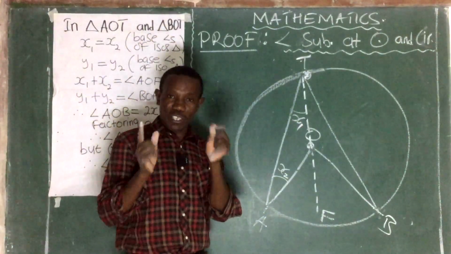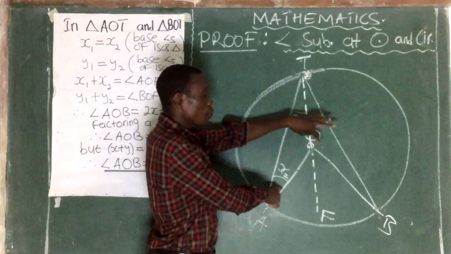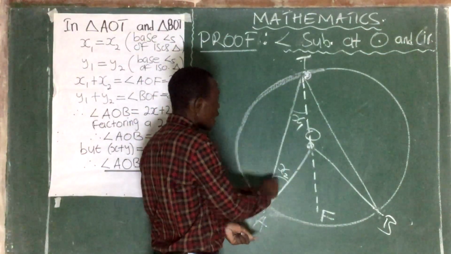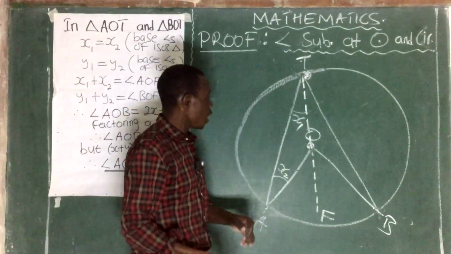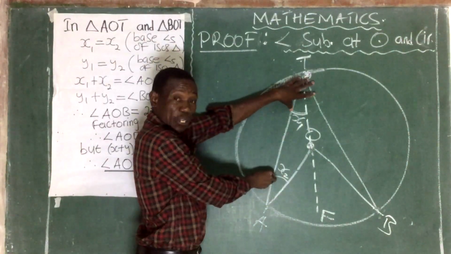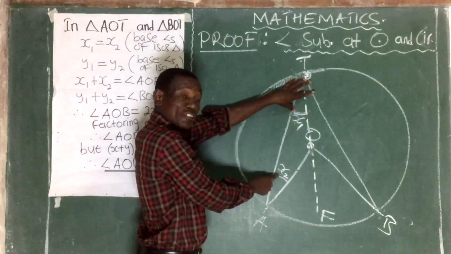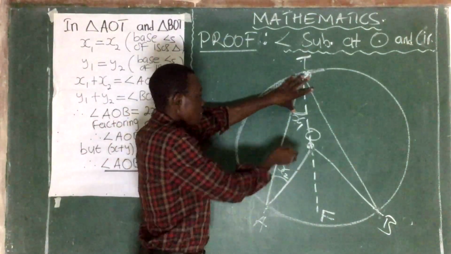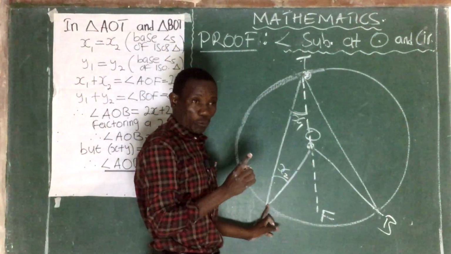Radii are always equal, and they are part and parcel of the sides of the triangle. So we expect triangle ATO to be isosceles. Here we expect the base angles, this one and this one, to be equal. So that's why my notation for this one is x1 and for this one x2. It comes from that: base angles of isosceles triangle ATO are equal.